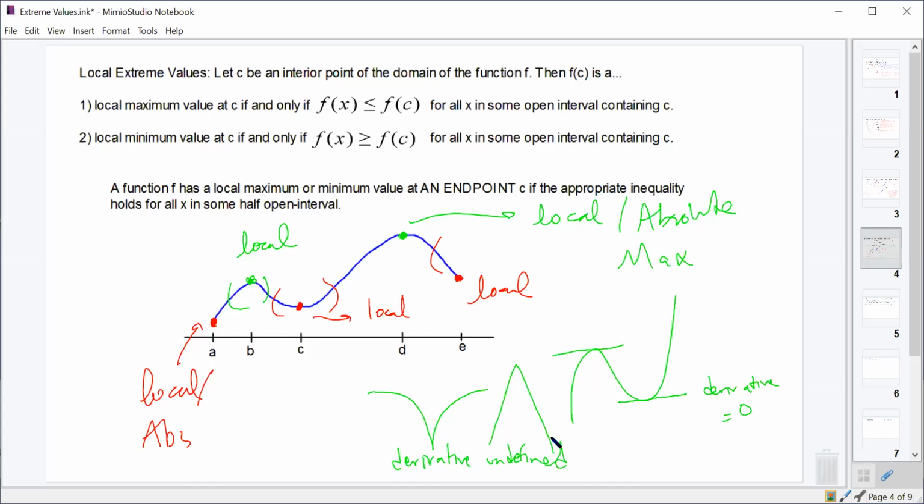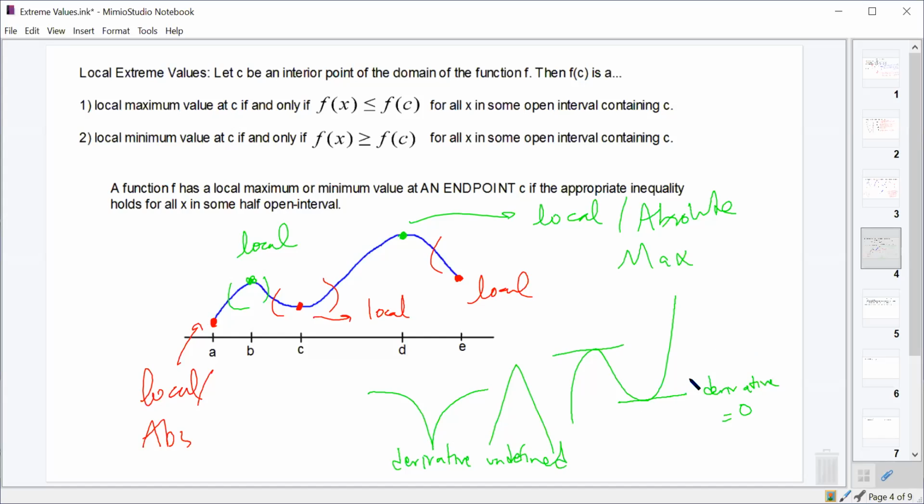True. Yeah. So the only times that we might have a local maximum or a local minimum would be at endpoints or at places where the derivative is undefined or where the derivative is 0. So that's the only places where local or absolute maxima and minima can occur.